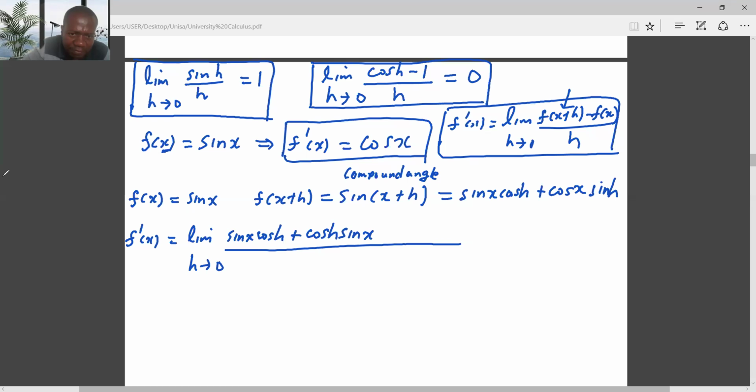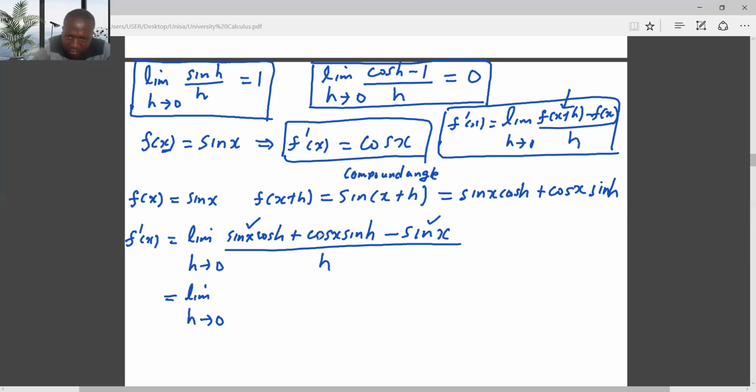So which would be cos x sine h. Then minus f of x. What is my f of x? f of x is sine x, then over h. And what we'll do here, ladies and gentlemen, we're going to say the limit when h approaches 0. There we have sine x, and there we have sine x. We're going to group them together.